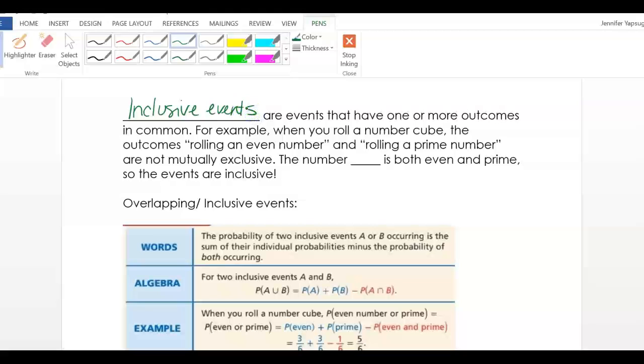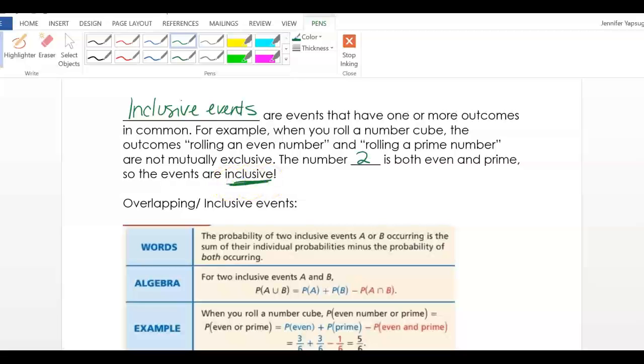These are events that have one or more outcomes in common. For example, when you roll a die or a number cube, the outcomes of rolling an even number and rolling a prime number are not mutually exclusive, which means that you could have overlapping outcomes. So, for example, the number 2 is both even and it is prime. So those events are considered to be inclusive or overlapping.